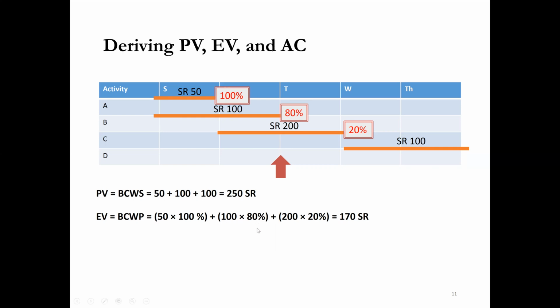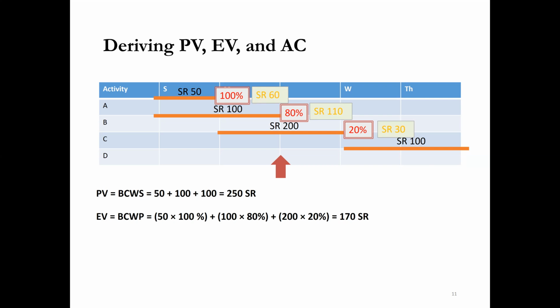So 100 multiplied by 80%, plus work C is just 20% complete. The total price is 200, and among the 200, just 20% is complete. This is how we calculate this value. Earned value is 170.